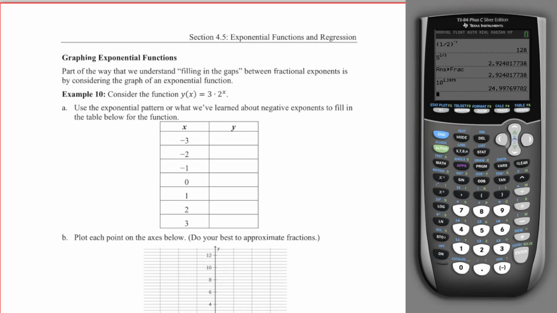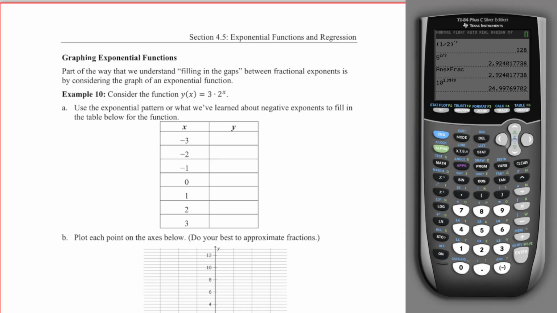First we're going to look at the graph of an exponential function. First we'll make a table of values, then we'll plot points, then we'll look and see what sort of shape we're seeing. And I'm going to use the exponential pattern that we've been looking at.